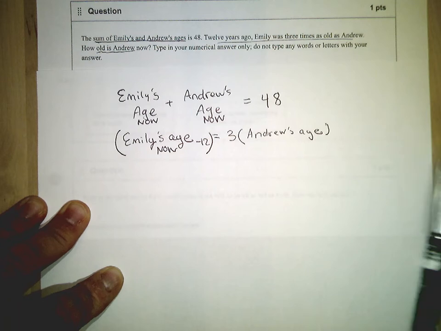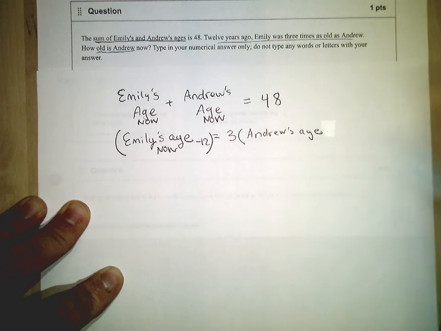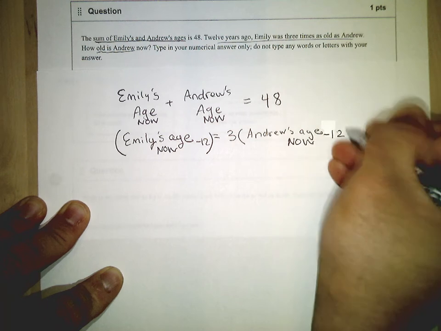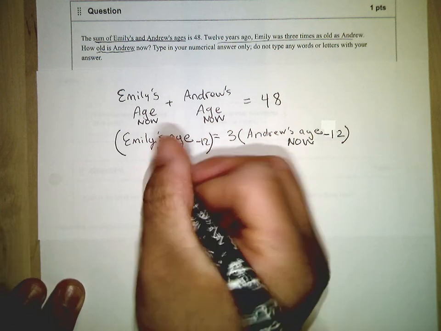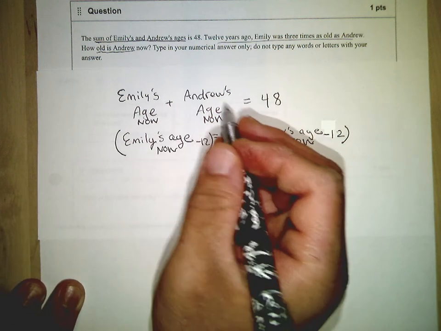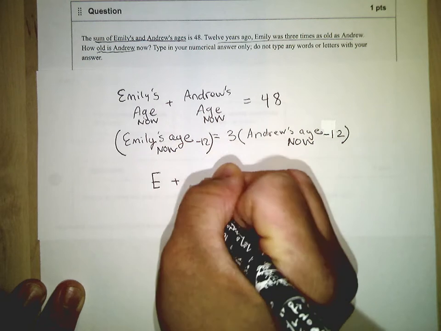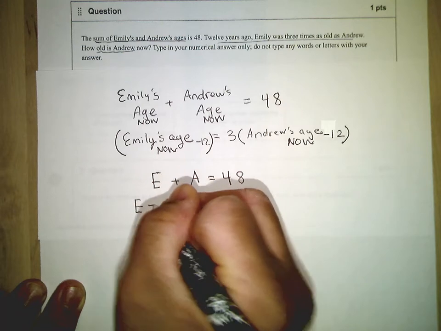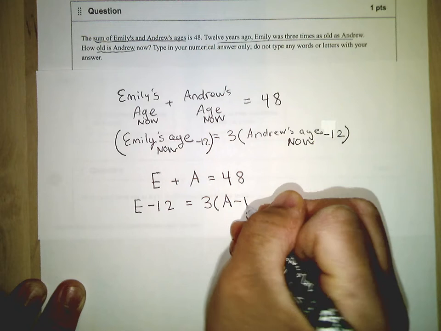All right, and then 12 years ago would be Andrew's age now minus 12. All right, so now I could just use E for Emily's age now and A for Andrew's age now. So E plus A would be 48. Then E minus 12 is 3 times A minus 12.